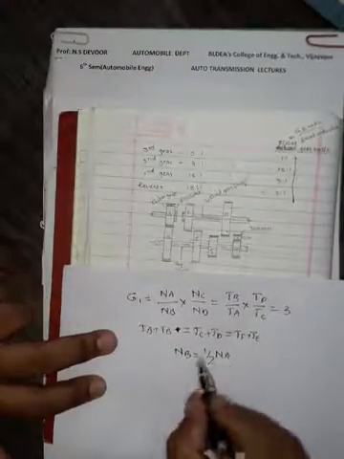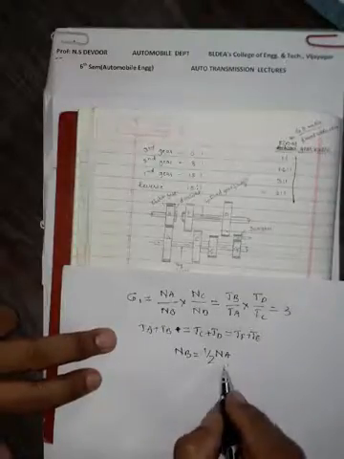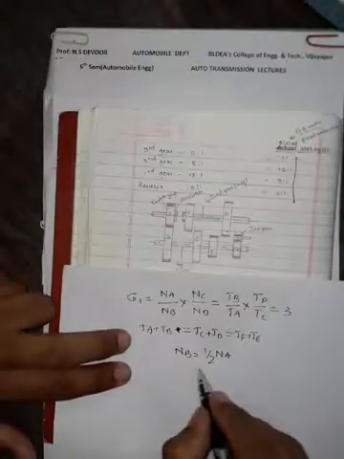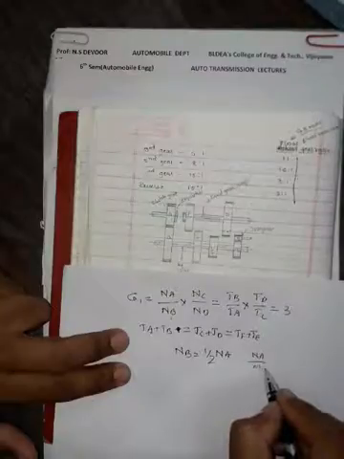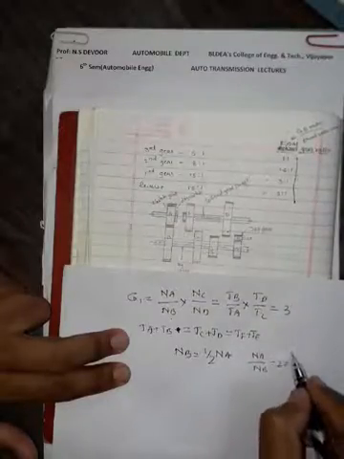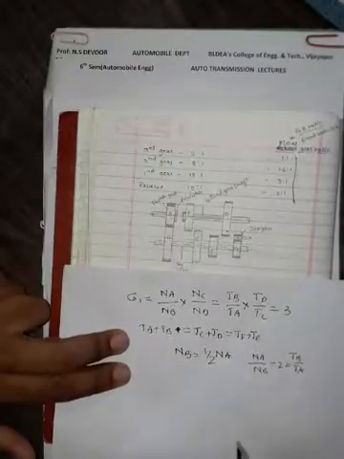Okay, NB is half of NA. It means what happens here? NA by NB equal to 2. NA by NB equal to 2 is nothing but TB by TA.